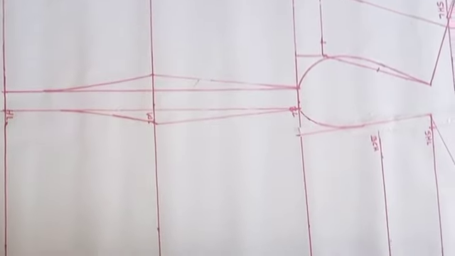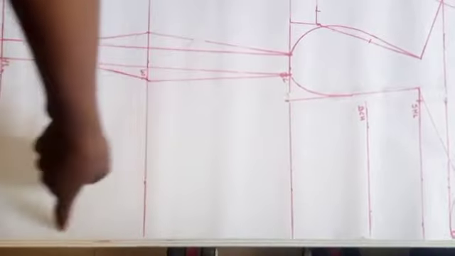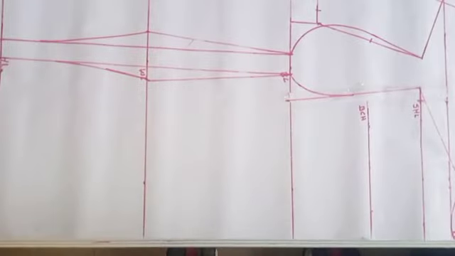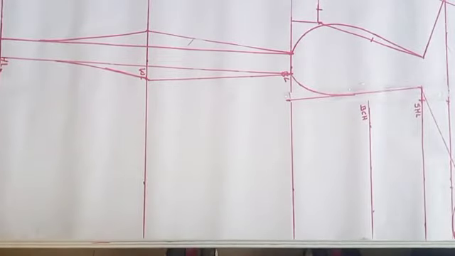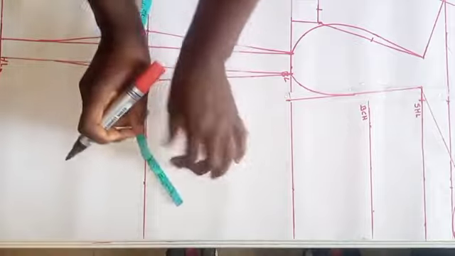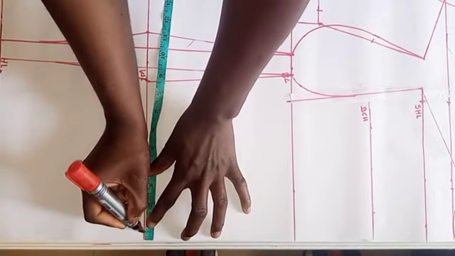Before we do that, we are going to be shaping the back, because the back is not straight. If we should leave our bodice like this, after sewing there is going to be a bulge at the back, and to eliminate that bulge we are going to be coming in by 0.5 inch on the waistline.